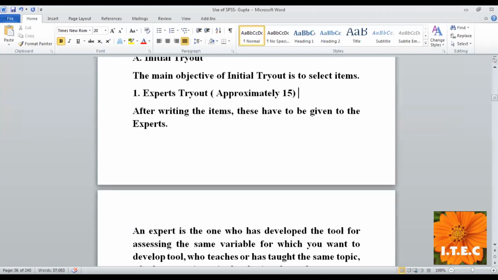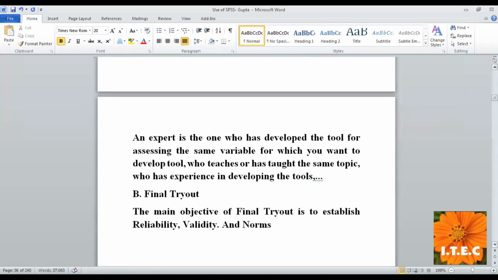So when you are sending it to 15 people, at least you may get the responses from 12 people, from 13 people, from 11 people. And you have to remind them again and again. This is very important. Once you get the response from the experts, then you have to analyze.